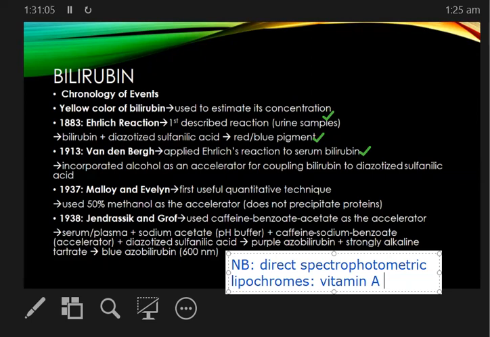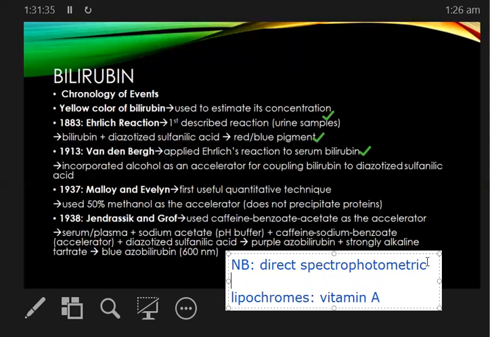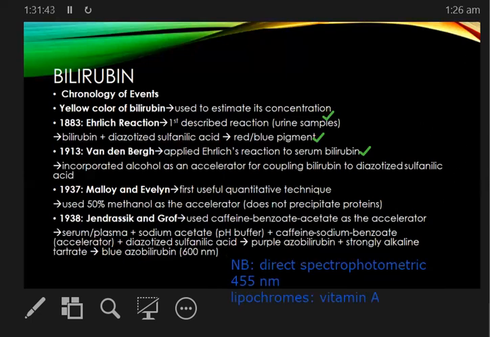Lipochromes like vitamin A are present in children or in adults, so we cannot use direct spectrophotometry in those age groups. However, newborns do not have lipochromes. So we can measure bilirubin using the direct spectrophotometric procedure, and the wavelength used is 455 nanometers.